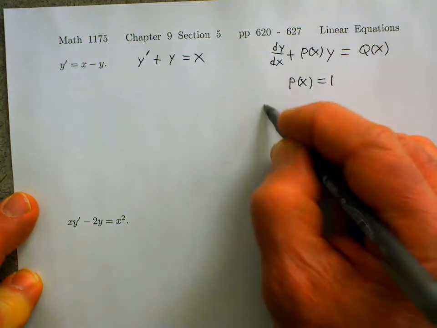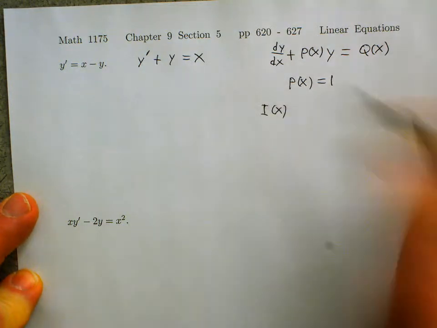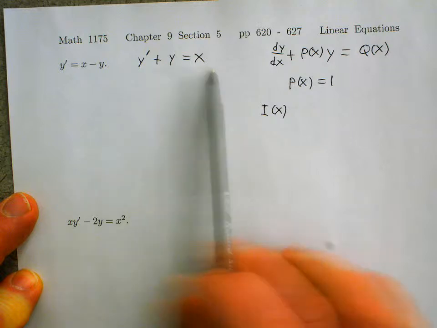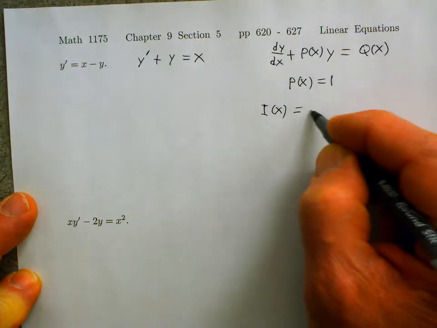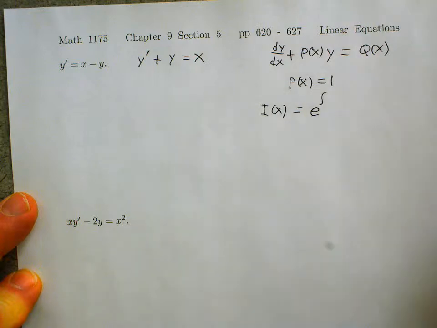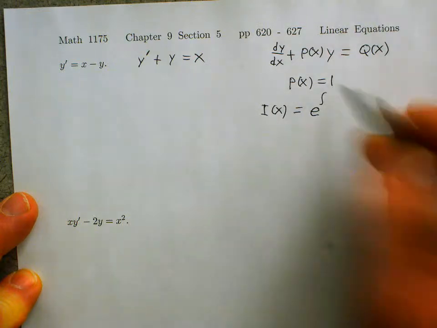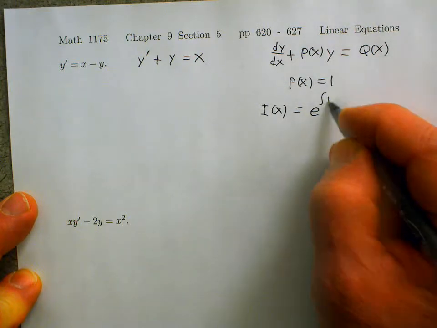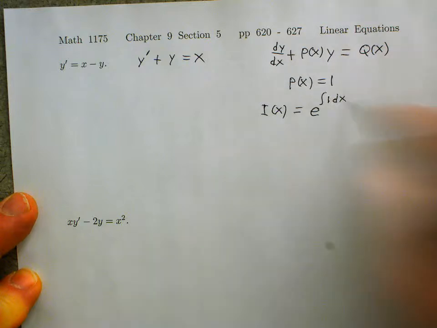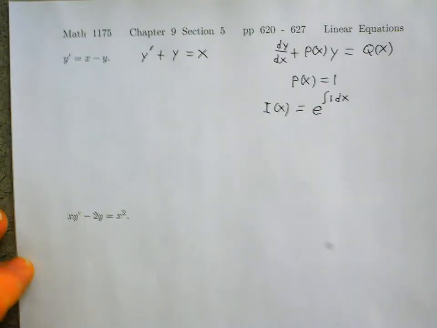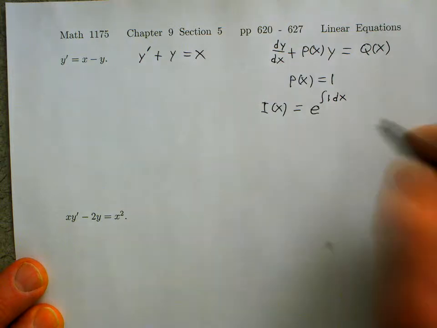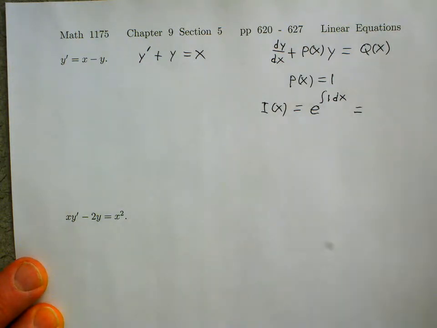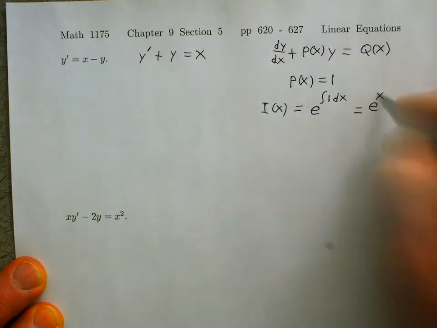And our integrating factor that we're going to multiply both sides of this equation by is equal to e to the integral of p of x dx. But since p of x is just 1, it's just the integral of 1 dx. We know what the integral of 1 dx is. It's just x, so we get e to the x.